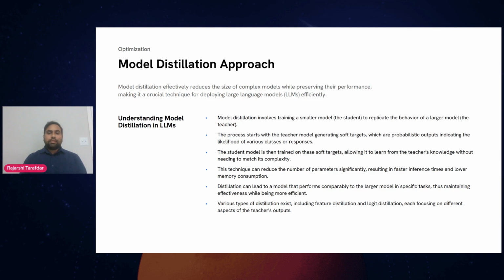This is to train the student model to learn from the teacher and to match its complexity. The technique can reduce the number of parameters to process, reduce the memory consumption, and the response time is much faster.